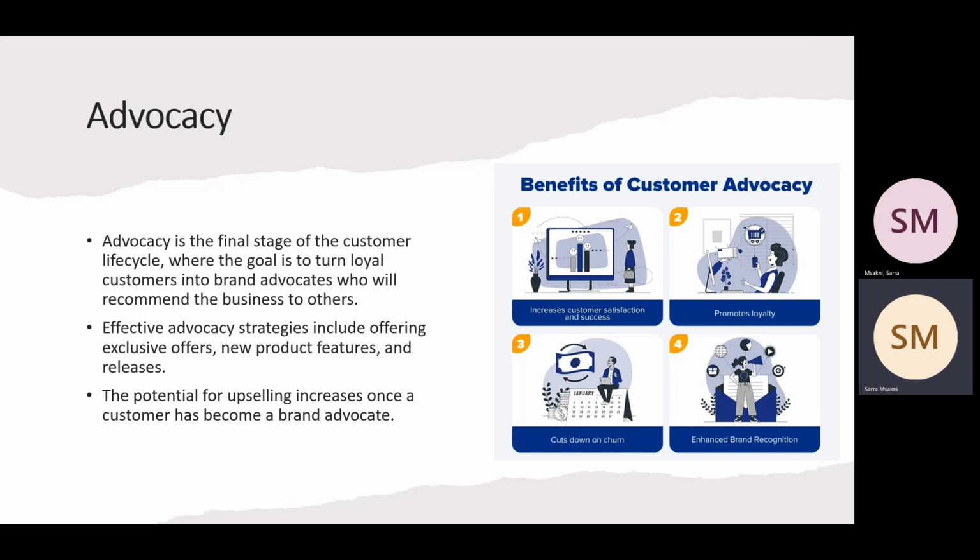So spreading awareness amongst social circles is easy to do once a customer is loyal to a brand. And if they continually spread positive recommendations, their extended network is more likely to convert to the brand as well.